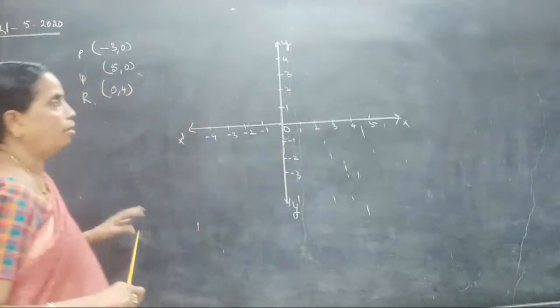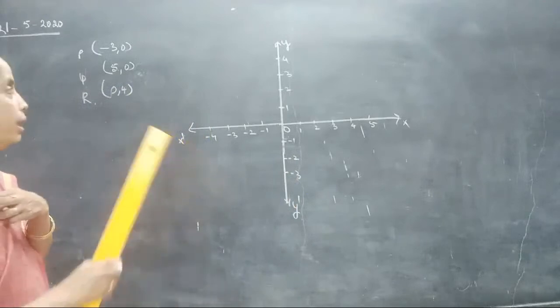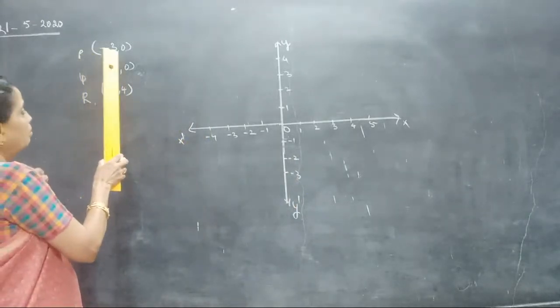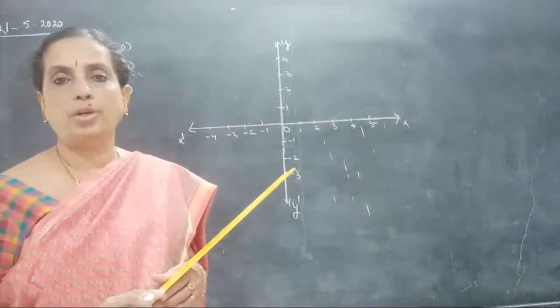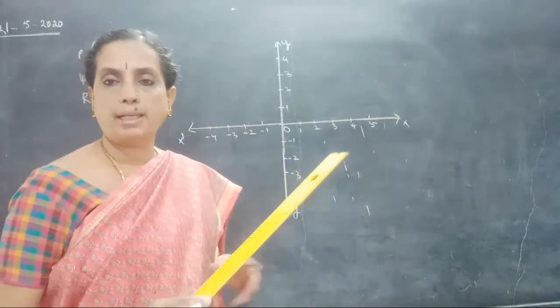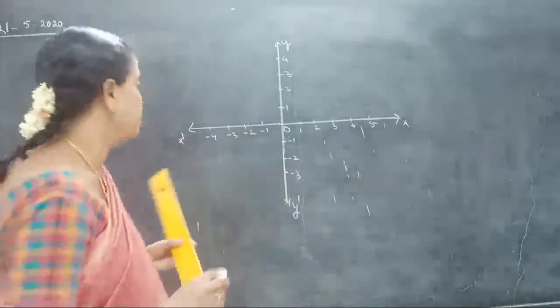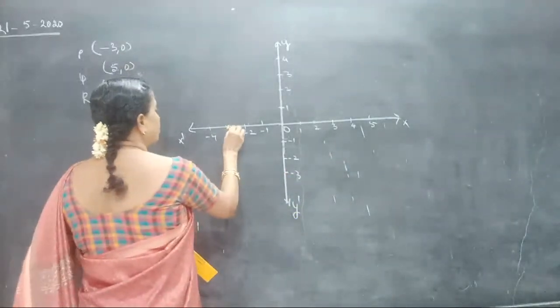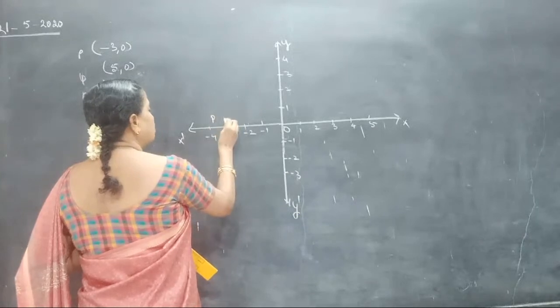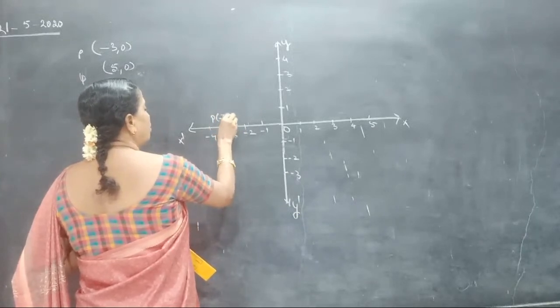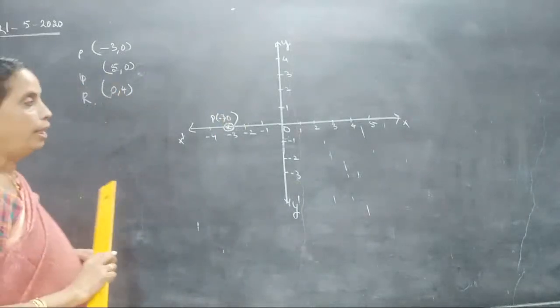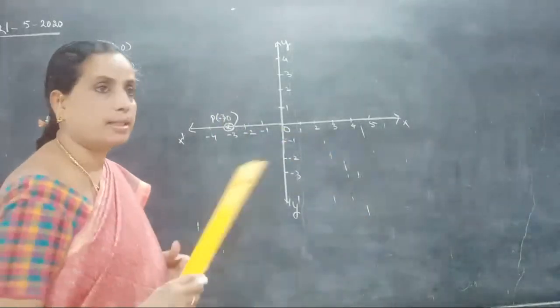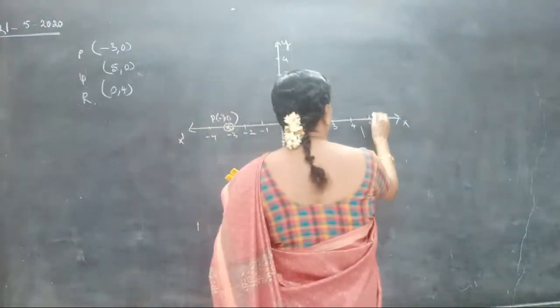Now take the first point, that is P (-3, 0). Minus 3, comma 0 lies on the x-axis, the negative x-axis. Name it P (-3, 0). Then (5, 0) is along the positive x-axis.